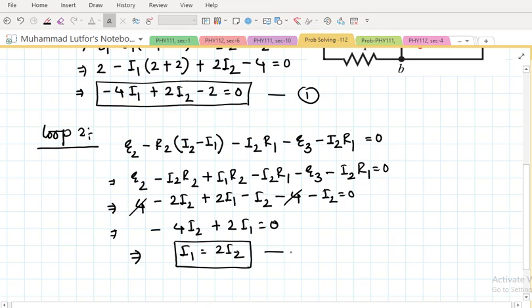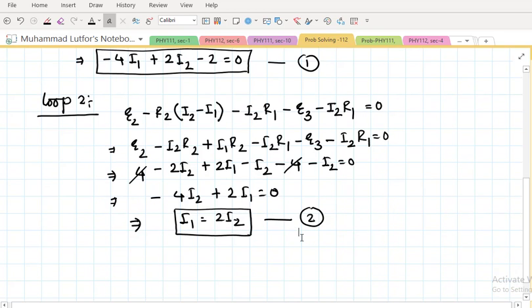So this is equation number 2. Now I'm going to plug that I1 value from equation 2 into equation 1. Equation 1 implies minus 4 into I1, which is 2I2, so it should be minus 8I2 plus 2I2 equal to 2.